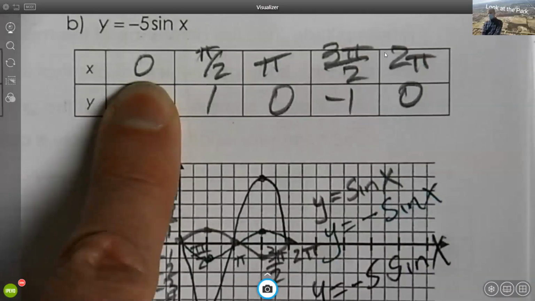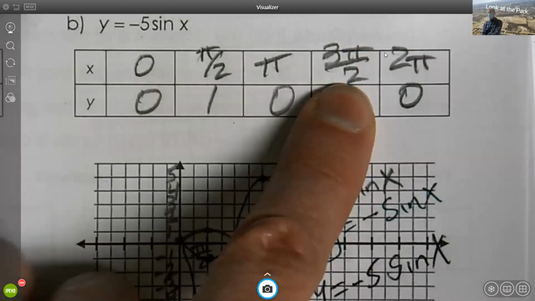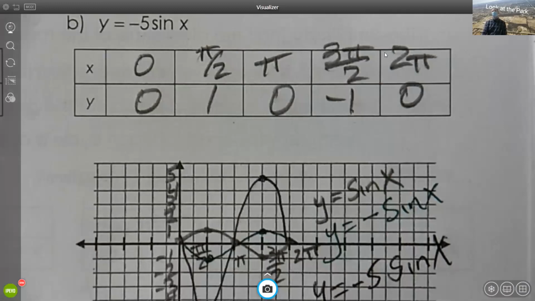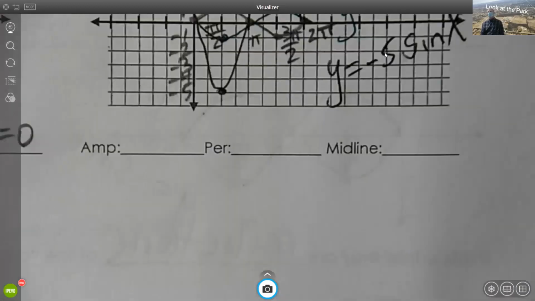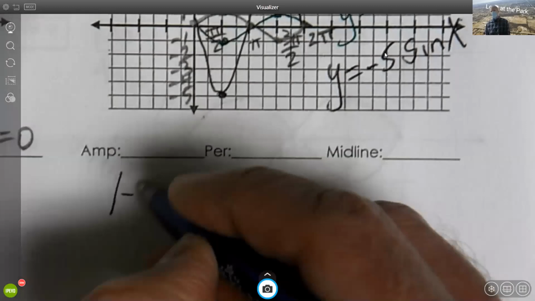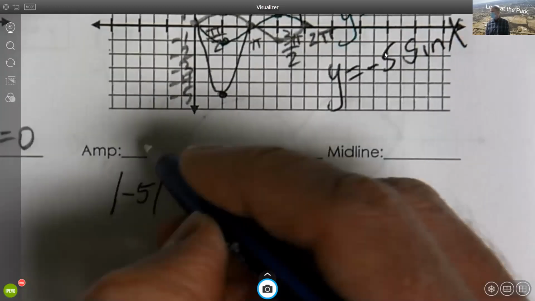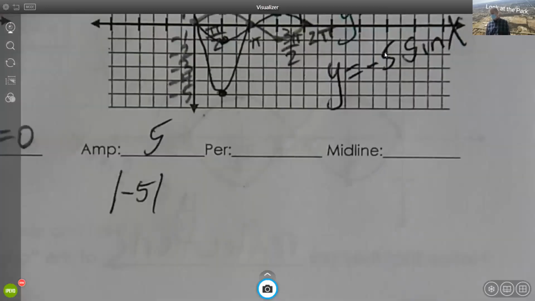Our first one was 0, and then it was pi over 2, pi, 3 pi over 2, 2 pi. The amplitude. The amplitude is the absolute value of -5. So it's 5. That's your amplitude.